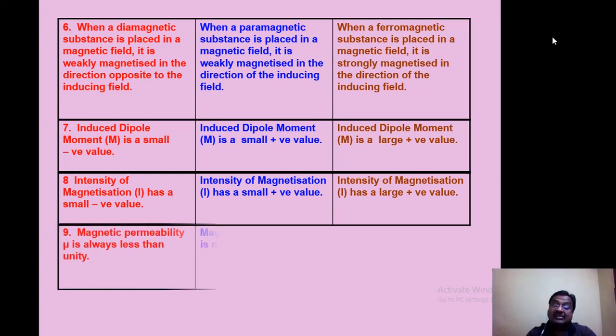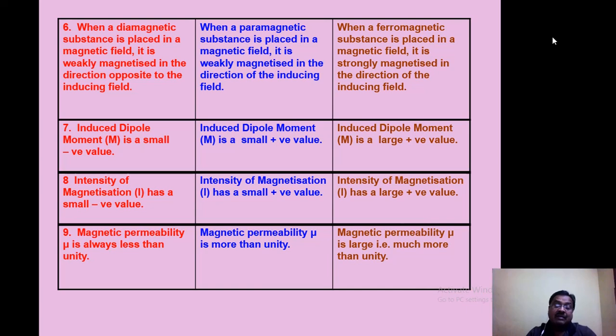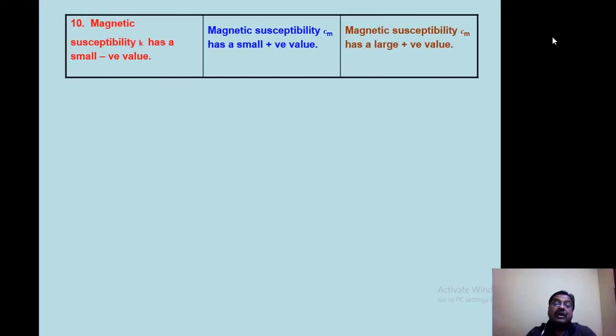And magnetic permeability for diamagnetic substance is always less than 1. It is greater than 1 for paramagnetic substance, but much greater than 1 for ferromagnetic substance.